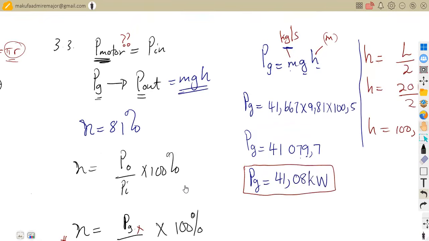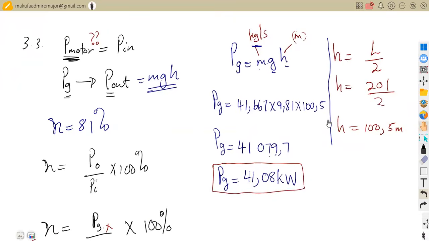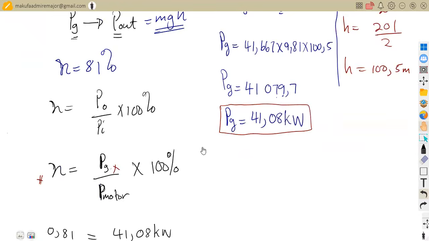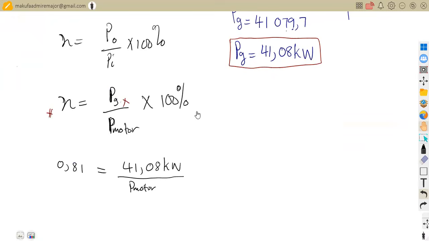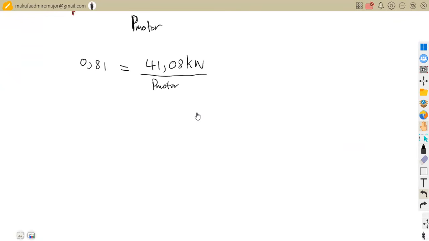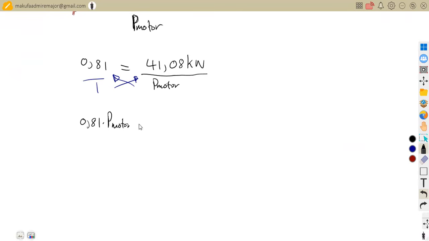So meaning to say, you just need to know your formulas. Once you're at this stage, manipulate your formula to remain with what? With the P motor, since we want to calculate P motor. So we can just cross multiply, then divide by 0.81. So it's going to be 0.81 P motor equal to 41.08, remember in kilowatts.